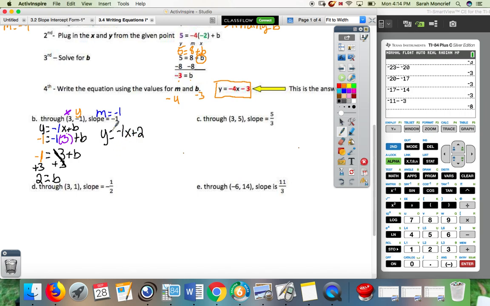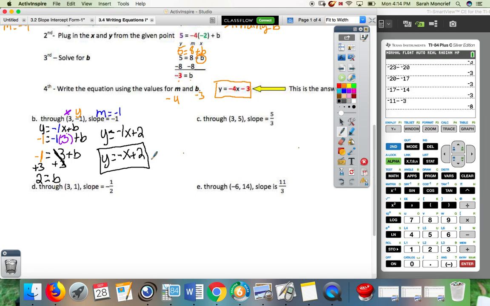So what we really want you to write is y is equal to negative x plus 2, because we know that anything times negative 1 is just the negative version of itself. So it's negative x. So please start to write your answers more like this. But both of these are correct.